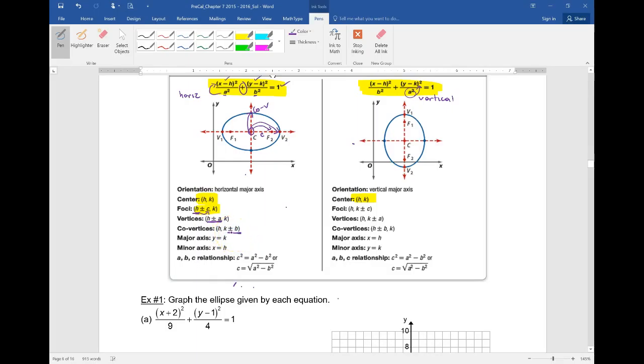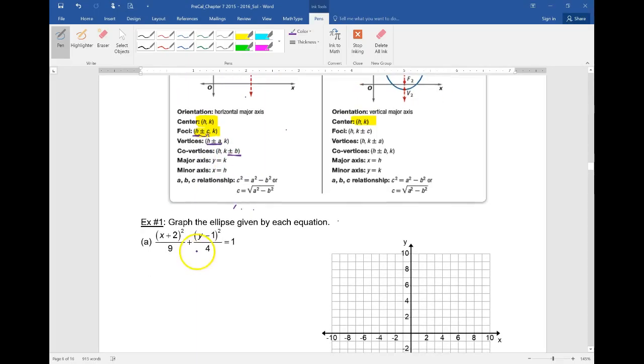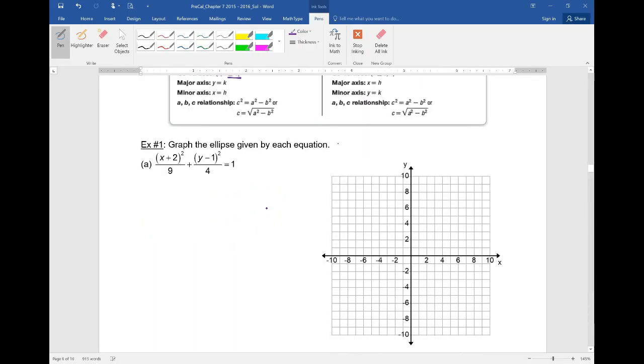All right, take a look at this one. Just by looking at this equation, is this a horizontal or a vertical ellipse? It's a horizontal ellipse because the 9, which is the bigger value, is with the X. Okay?